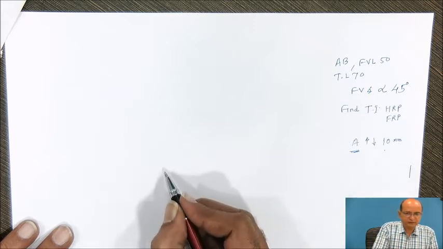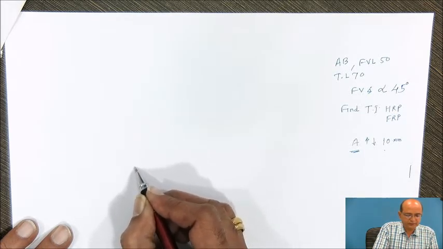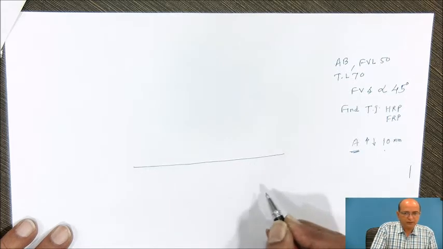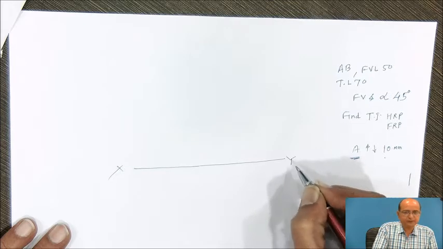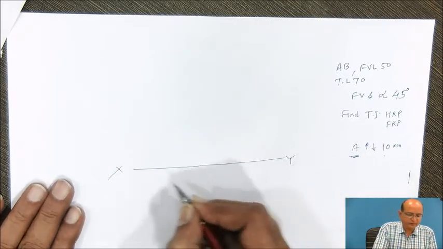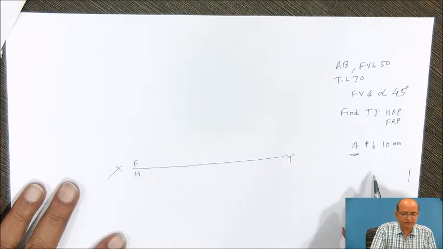The first step is to draw the XY line, and with respect to this XY line we will locate the positions of the different points given.